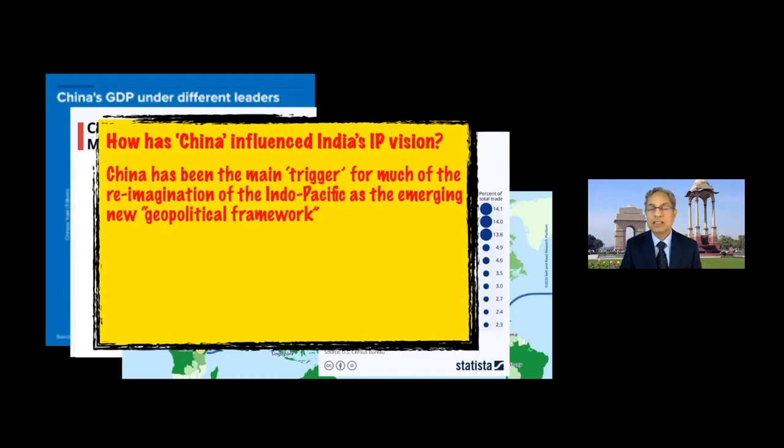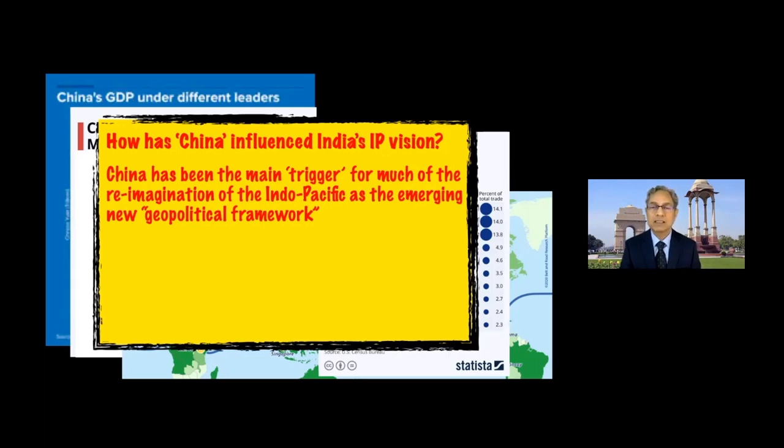So India sees China as the main trigger, because China is the world's largest economy in purchasing power terms. China is the world's largest trading country. China's Belt and Road Initiative is becoming global. Of course, United States and European allies are also starting many programs of investments at global level. But China's Belt and Road Initiative is big.